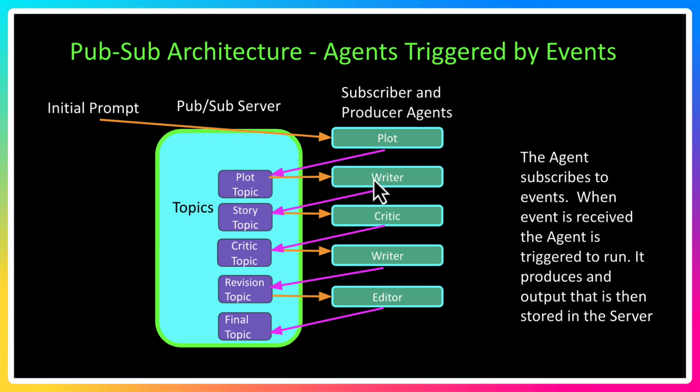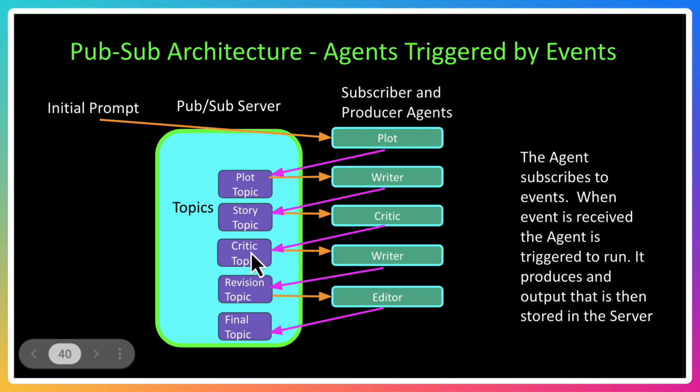Now, the writer is subscribed to the plot topic. So when that topic is written, the writer is triggered and it picks up the plot, and now it writes the story. And then the writer writes that out to the story topic. And once again, the critic here has subscribed to that story topic. So anytime there's a story there, the critic will review it and will write its critic topic.